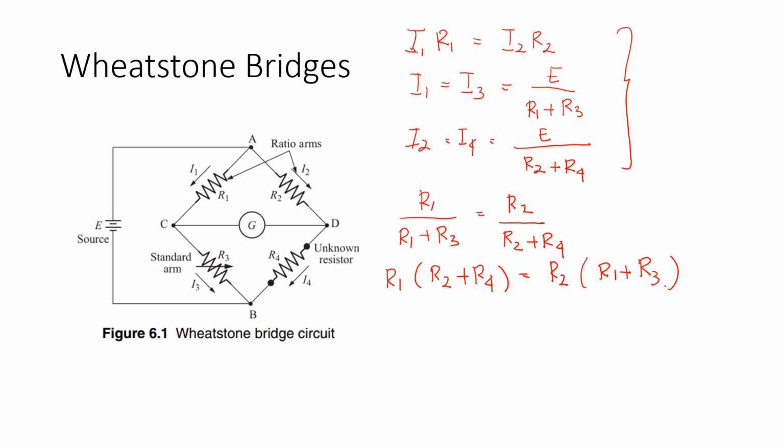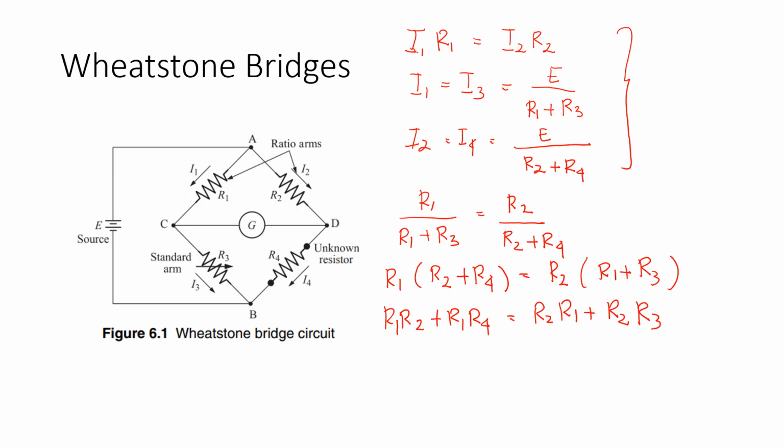So we get R1 R2 plus R1 R4 is equal to R2 R1 plus R2 R3.